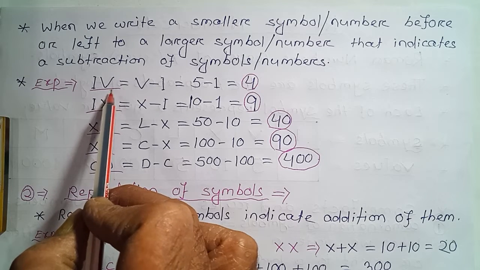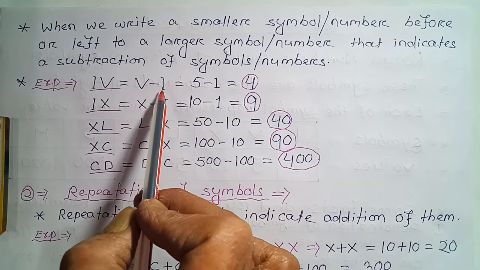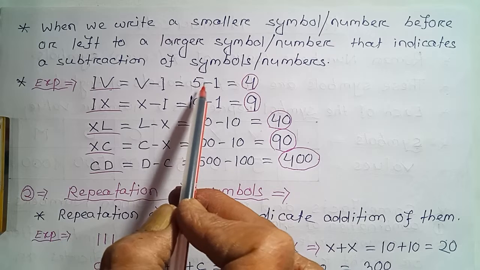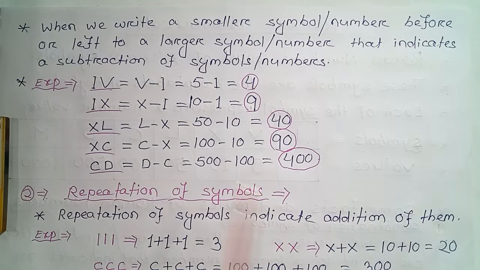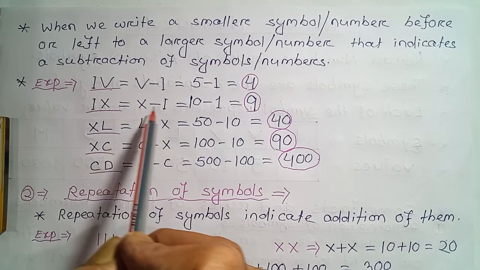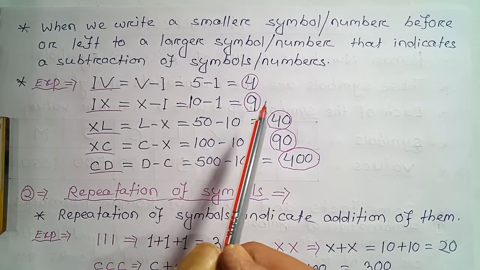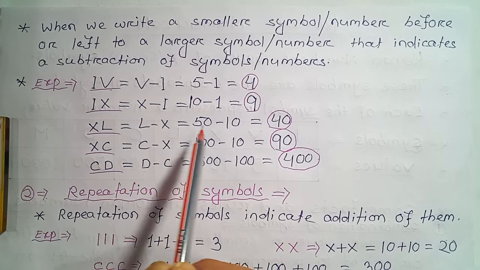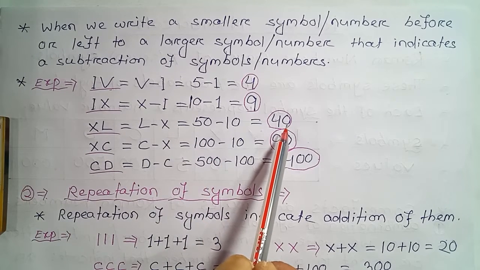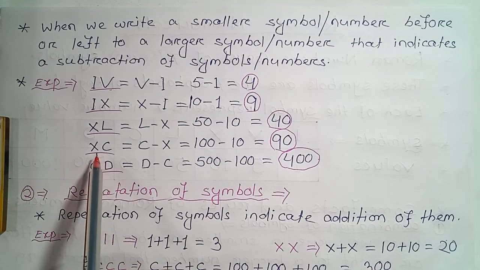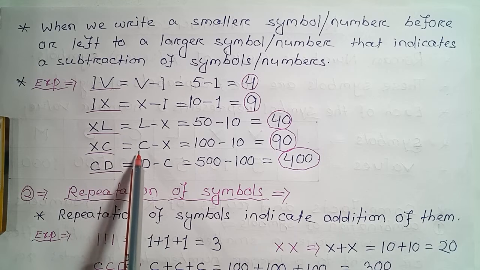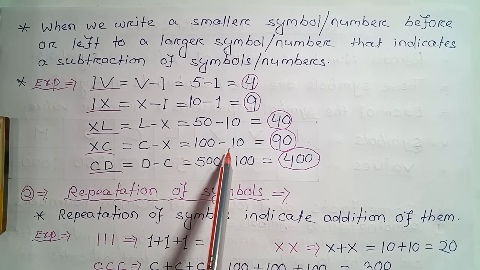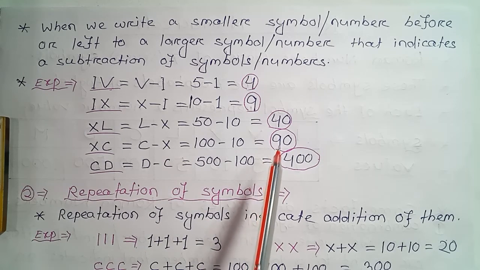So here V minus I is equal to 5 minus 1, it is 4. IX, that means X minus I, 10 minus 1, 9. XL, that means L minus X, 50 minus 10, 40. When we write XC, that means C minus X, 100 minus 10, it is 90.